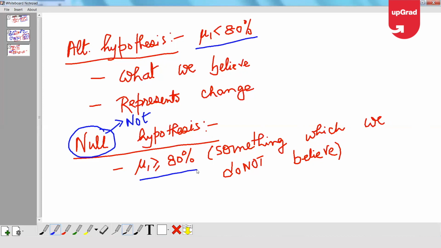Also remember, the entire hypothesis testing comes into picture and we start building hypothesis when we see some change in the system. If there is no change, I really don't need to bother. So we have a null hypothesis and an alternate hypothesis.